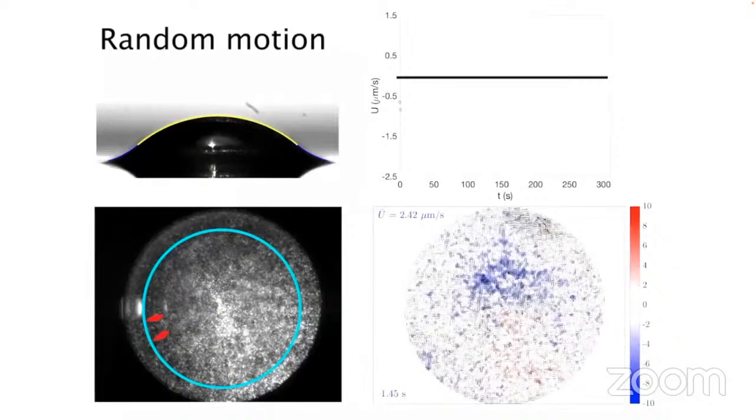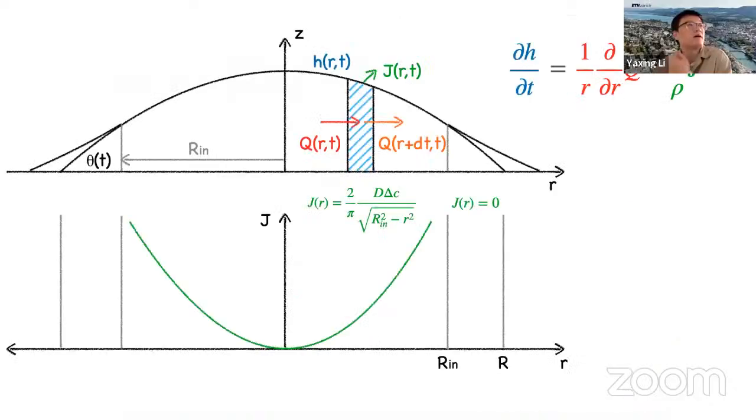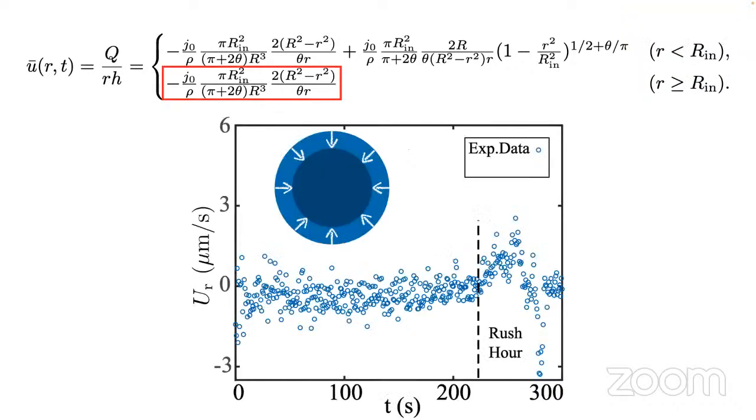So during the rush hour, the fluctuation of the velocities in the experimental data is a little big. So how do we understand the change of the velocity?